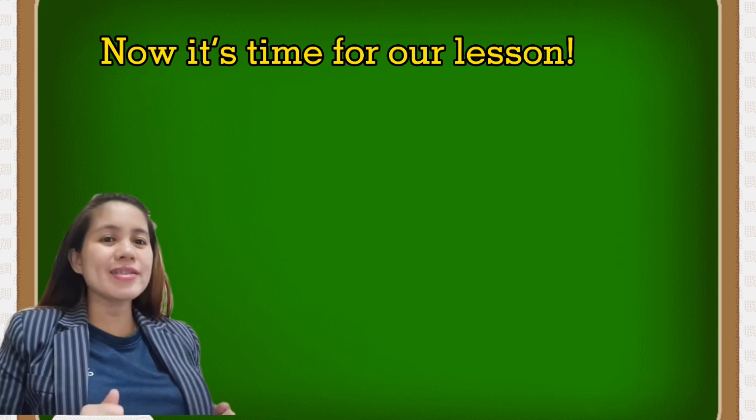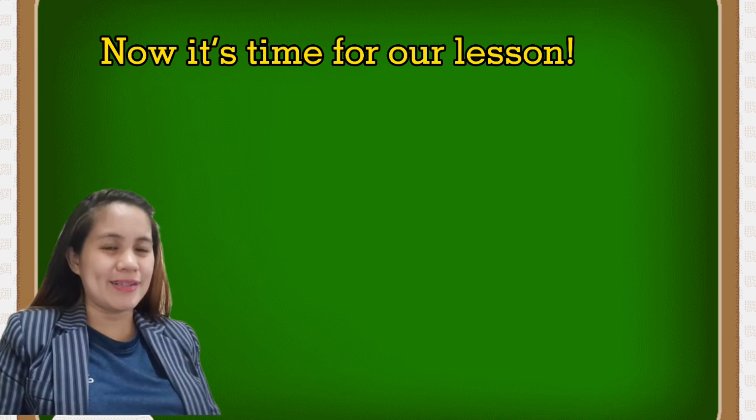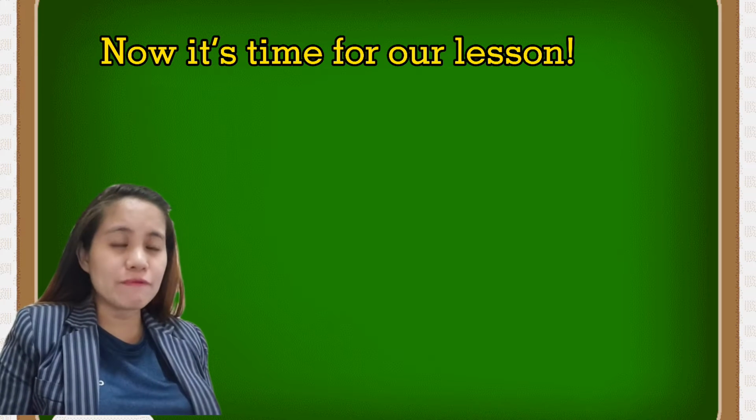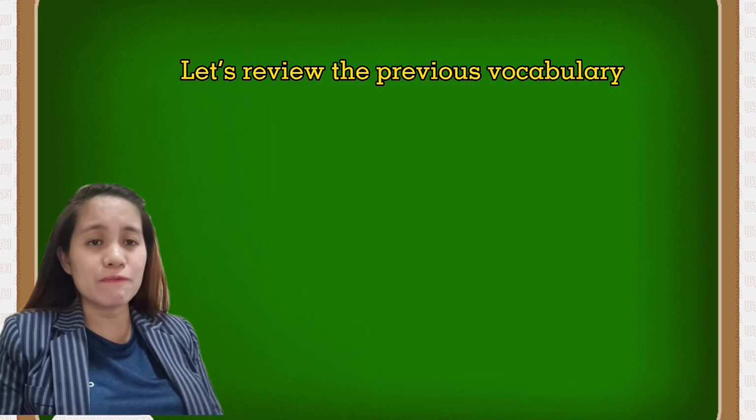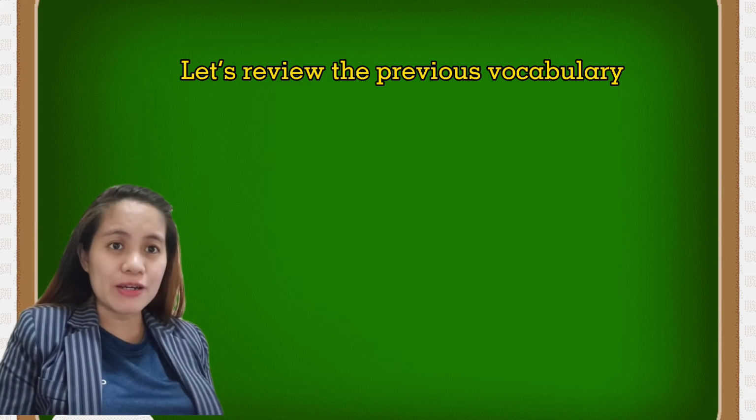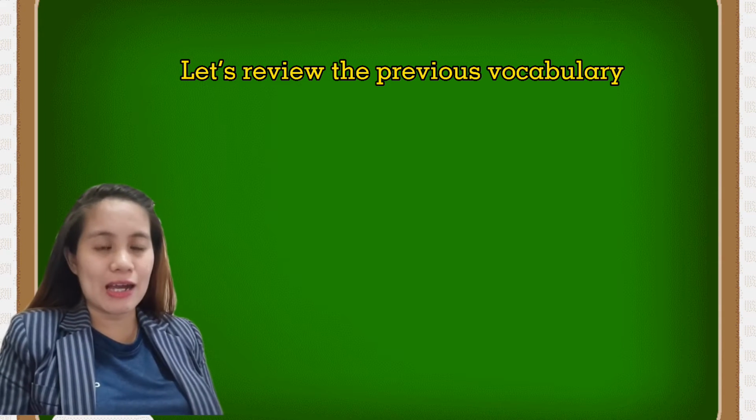And now it's time for our lesson. As I've mentioned from the previous video, we will have another set of sentence structure. So let's try to review first the vocabulary that we have last time.